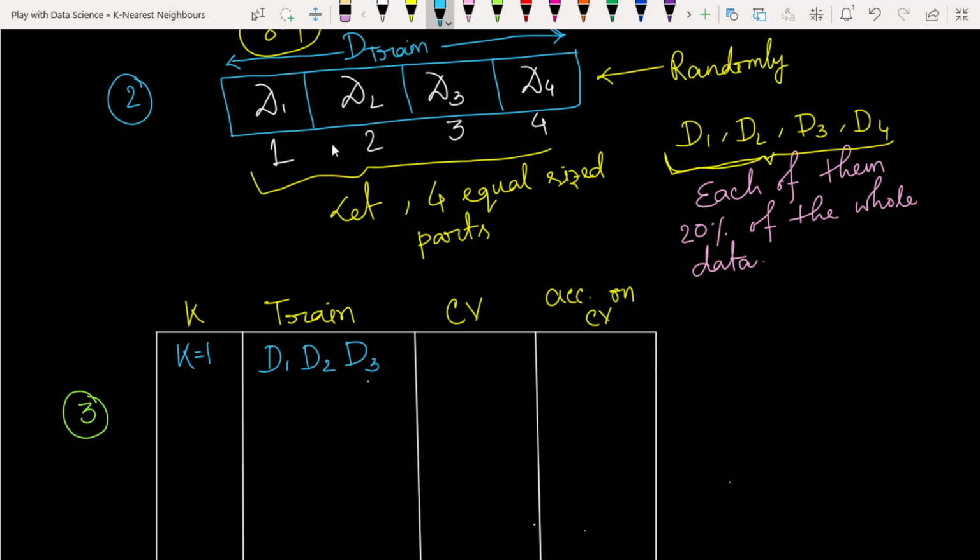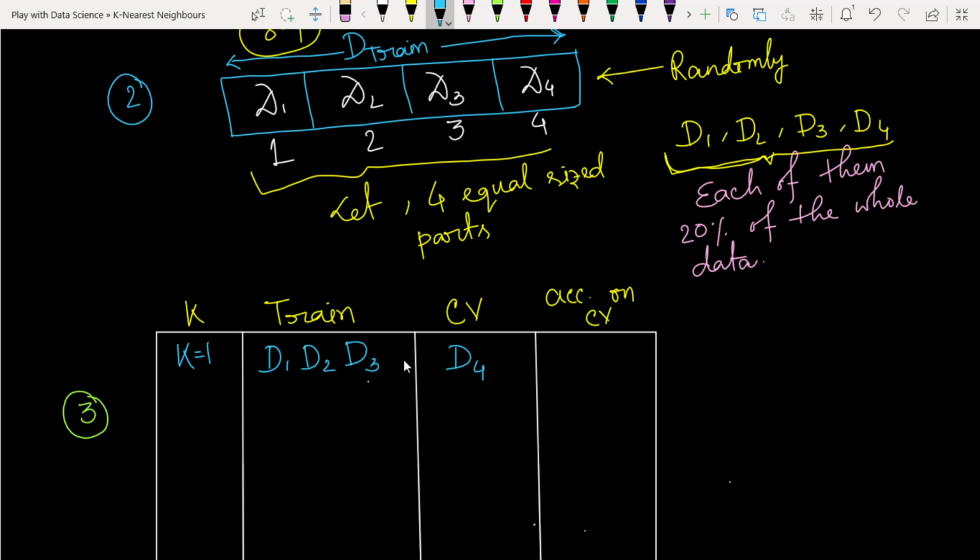I think you have understood what a chunk means. Chunk means these small portions of the d-train. This is the first chunk, this is the second chunk, this is the third chunk, this is the fourth chunk. So I'm considering these 3 chunks for training data, and I'm considering d4 for cross validation. I'm just distributing our d-train data like that to train our model.